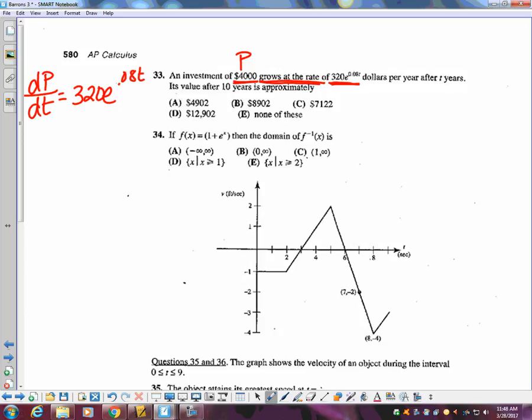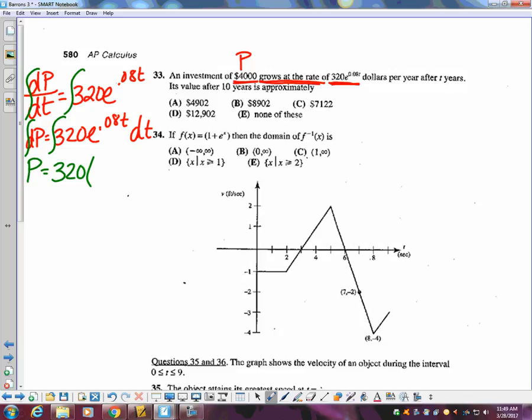Okay, I'm going to separate my variables. I don't have any P's to move over, but I am going to multiply both sides by dt. So dP equals 320e to the 0.08t dt. Okay, and then I'm going to integrate this part. So P equals, okay, the 320 is just hanging out. Now this is e to the 0.08t.